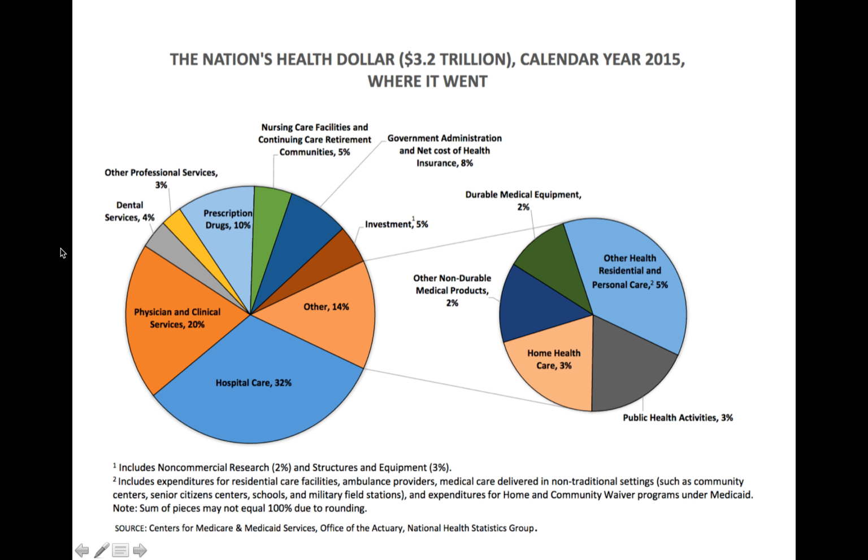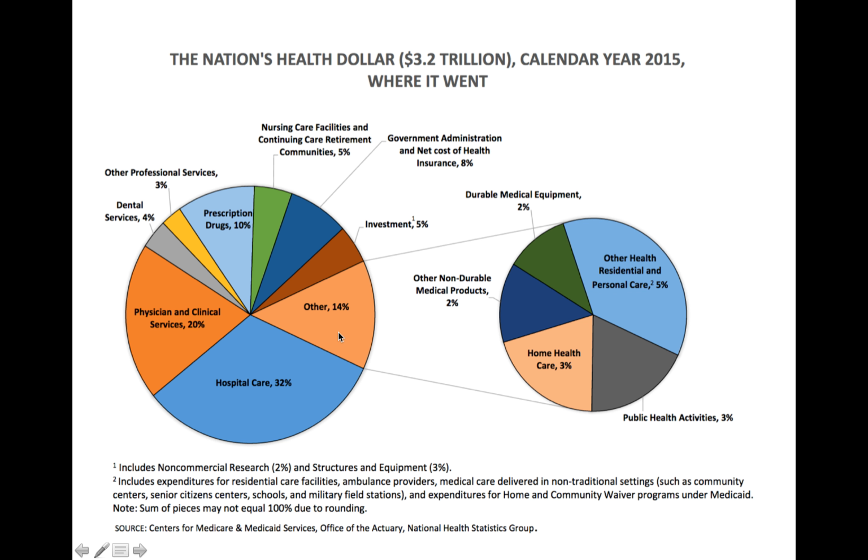We're spending it at primary, secondary, and tertiary. There's been some investments. Government administration of healthcare is about 8%. Nursing care facilities, which is expected to increase. We spend very little on dental and other professional services, which includes eye care, etc.